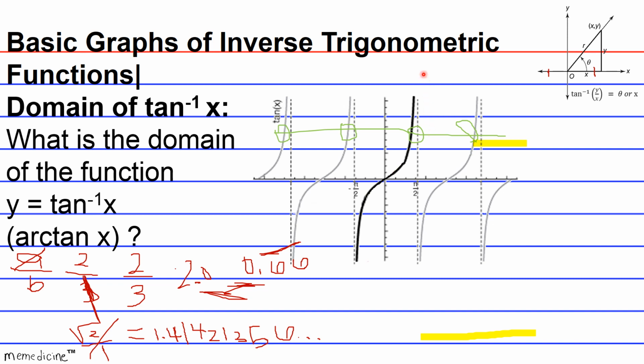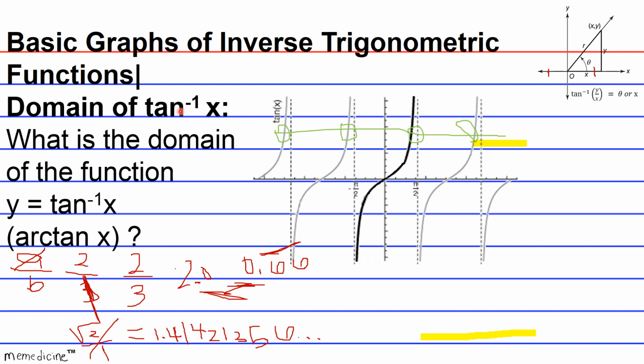So what we're going to have to do to make this a legit function is restrict the domain so that the vertical line drawn through the inverse tangent function won't touch the curve at many places. It'll only intersect at one point, okay?